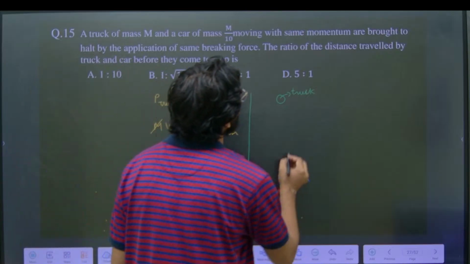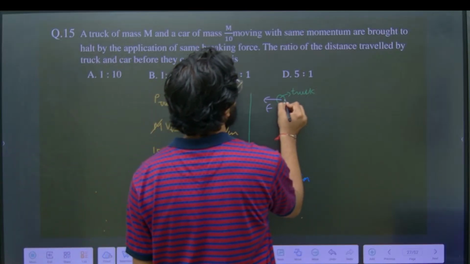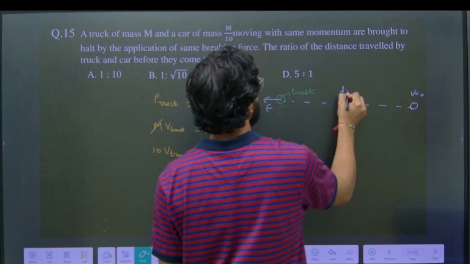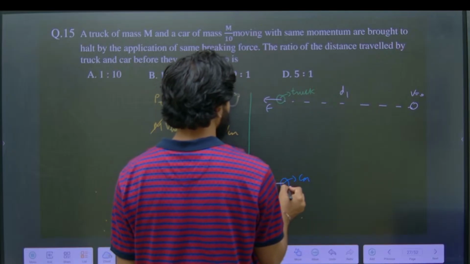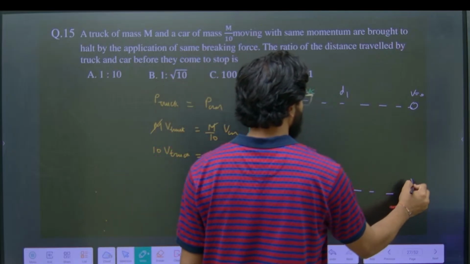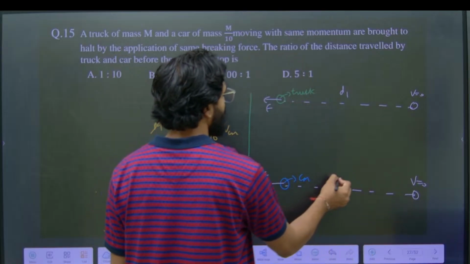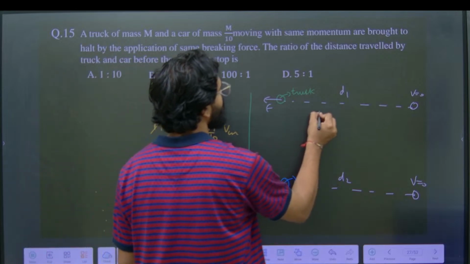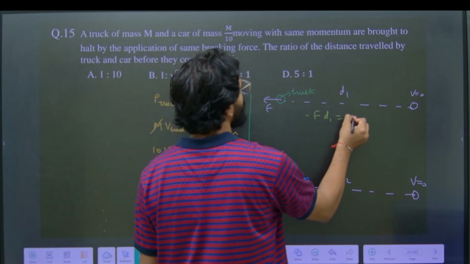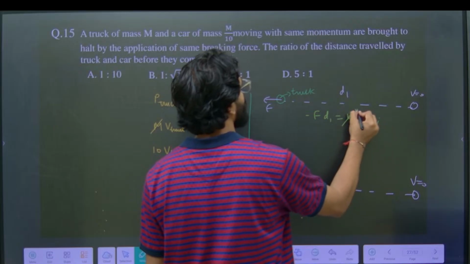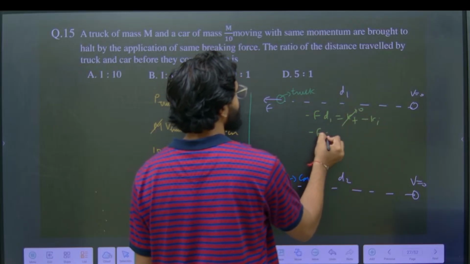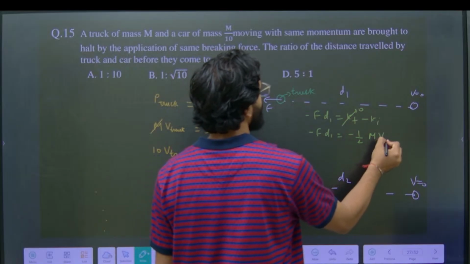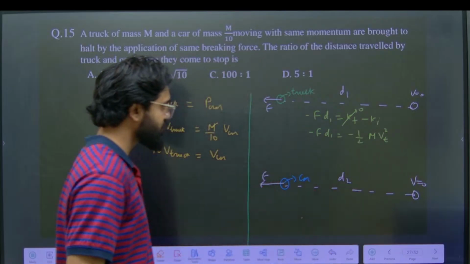Let's say before stopping the truck moves d1, and because same force is being applied, the car moves d2. So we can write negative f d1 equals kf minus ki, so final is 0, so minus f d1 equals minus half m into v of truck square.